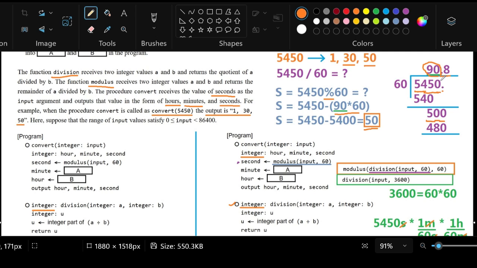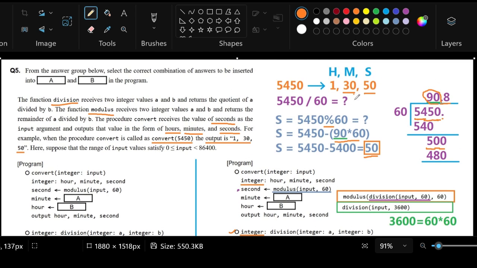And then what we want to know next is how we can arrive with 30. And if our modulus uses 90 and 60 as the arguments, as the input parameters, and the output is 30, then that should be the correct answer.